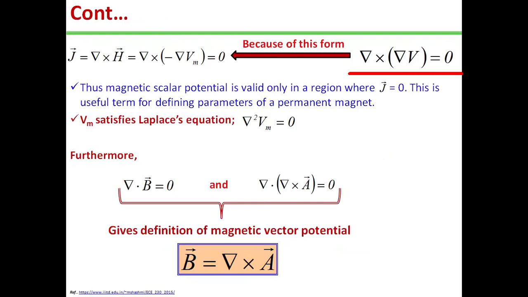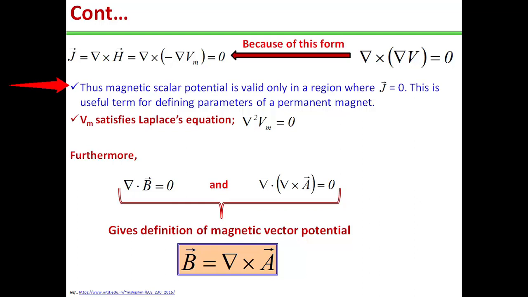We have defined the vector identity that del cross del V is equal to 0, and when we apply this identity, we have del cross minus del Vm as 0. Thus, the magnetic scalar potential Vm is only defined in the region where J is equal to 0.